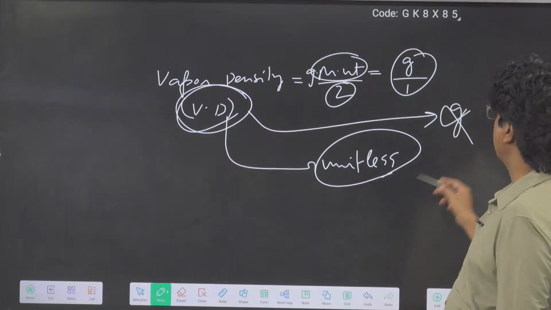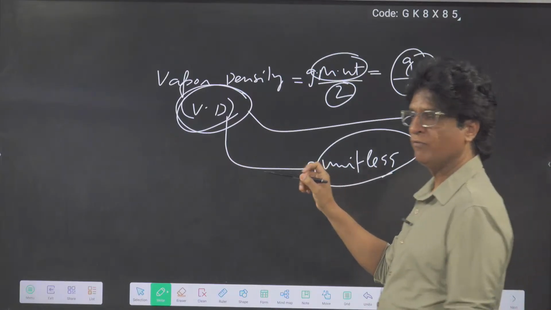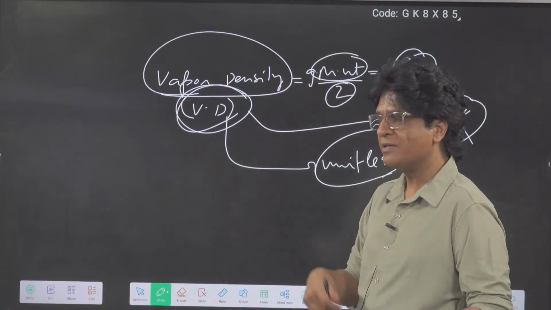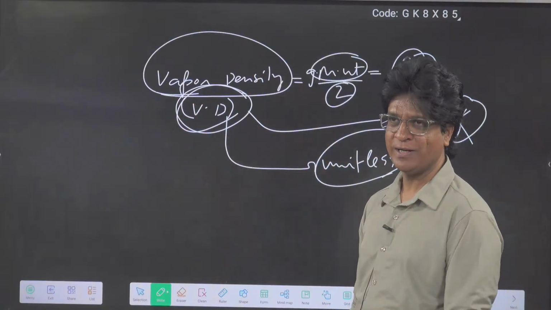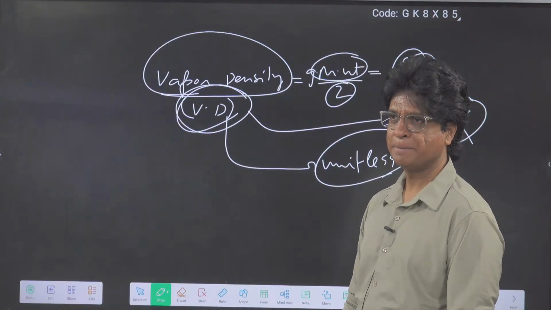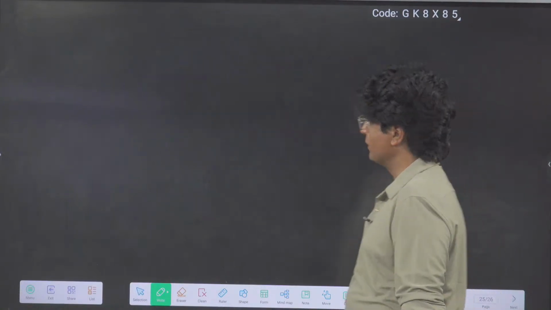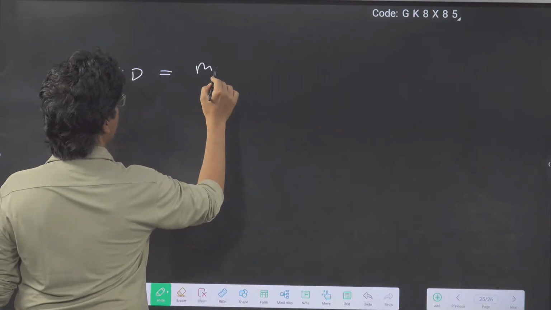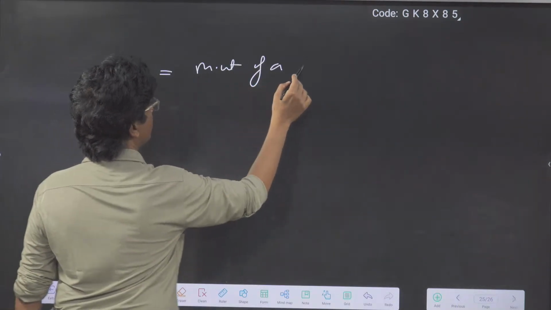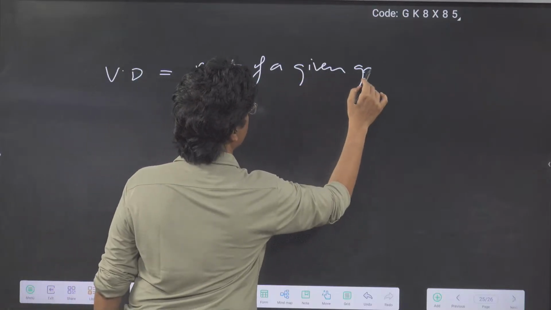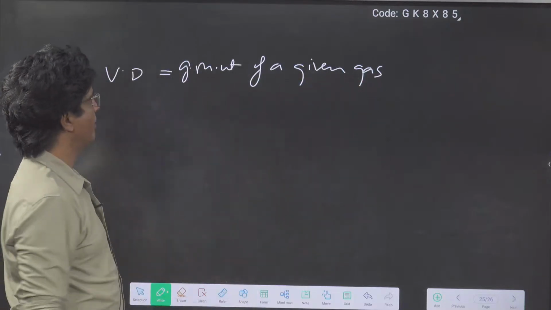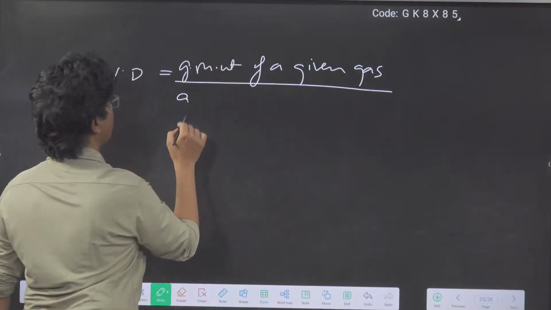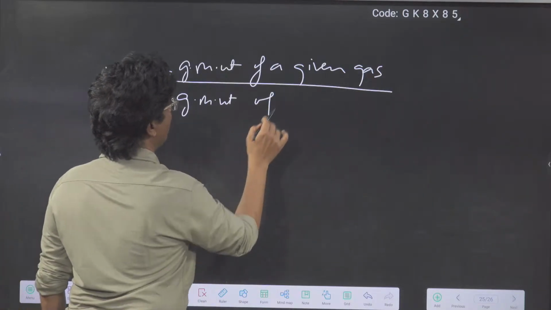The reason you are giving me wrong answer is that you have got half-baked information, which translates into incorrect information as far as NEET is concerned. See that stuff. Vapor density is equal to molecular weight of a given gas, or you can simply say gram molecular weight of a given gas upon gram molecular weight of hydrogen.